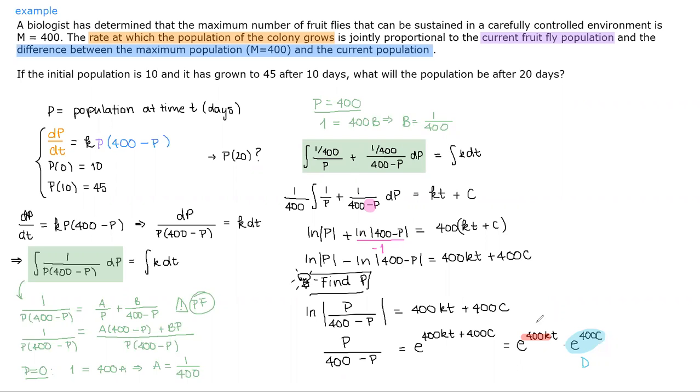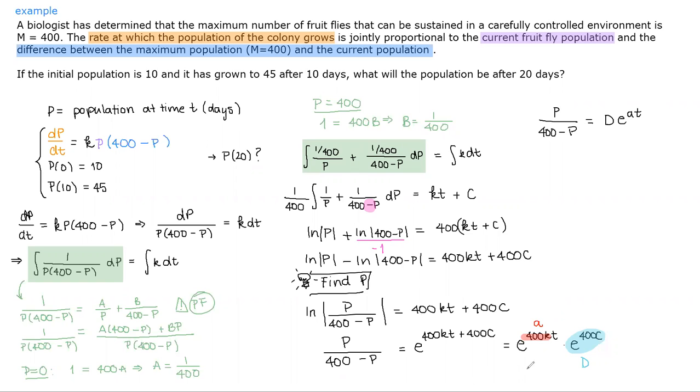So maybe I'm going to call this lowercase a. All right, so if I write my equation again, I'm going to have p over (400 - p) is equal to d times e to the at.